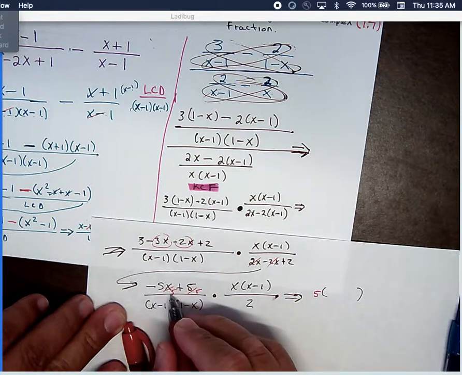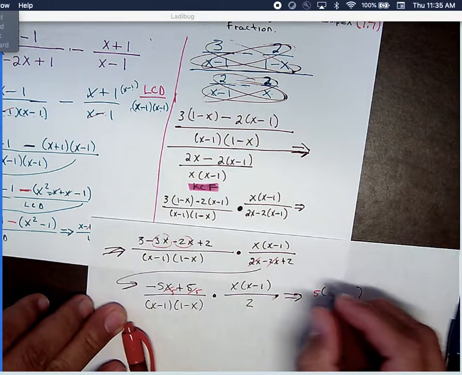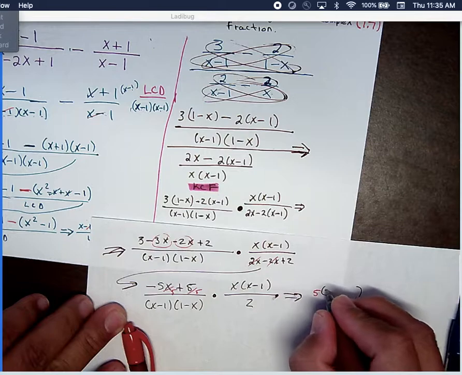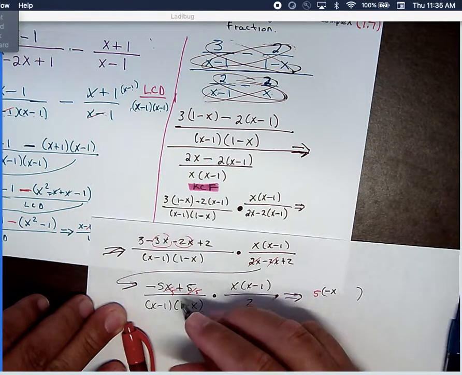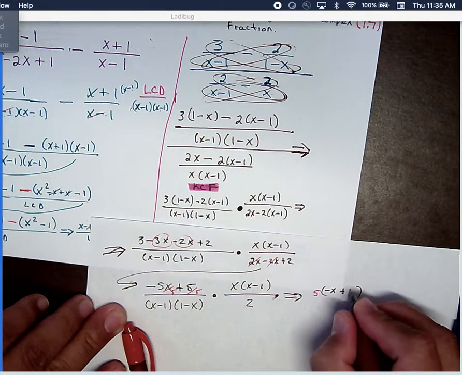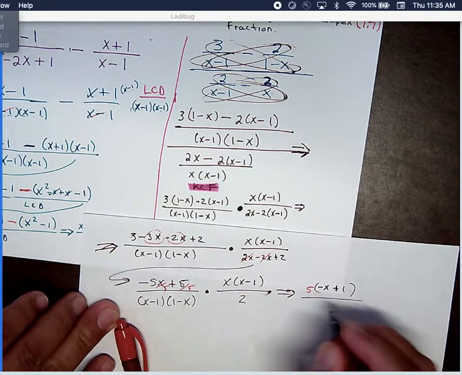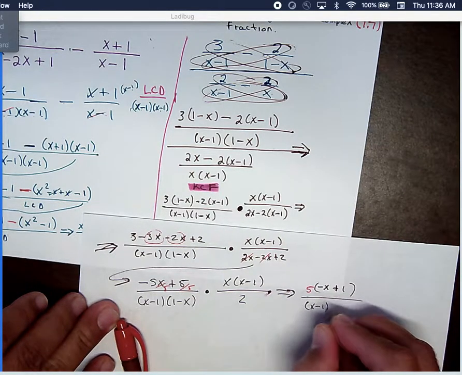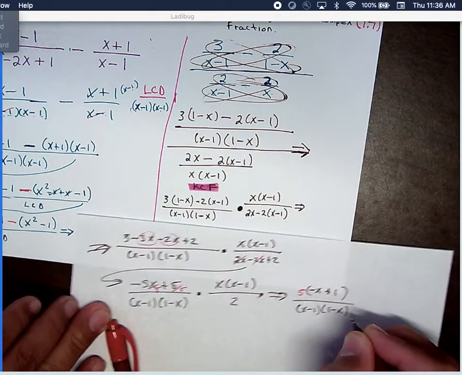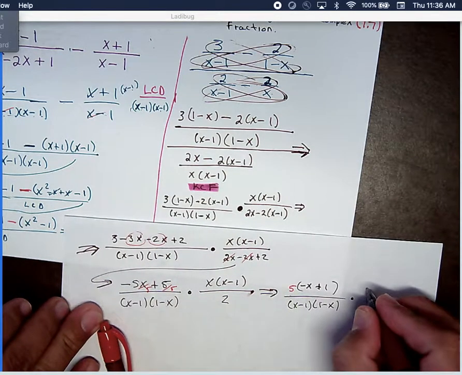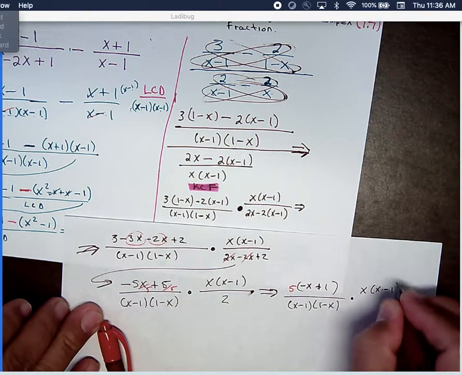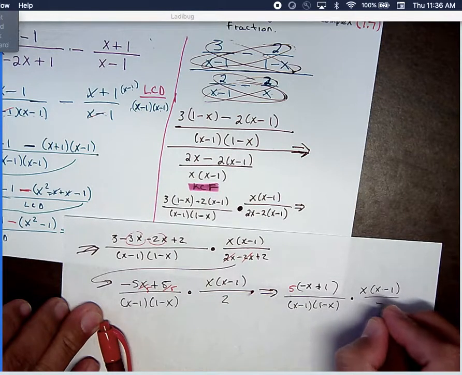So negative 5 over 5 would be negative x. And then this one would be positive 1. So x minus 1 minus x times x minus 1 over 2.